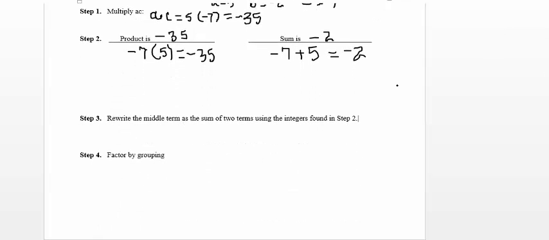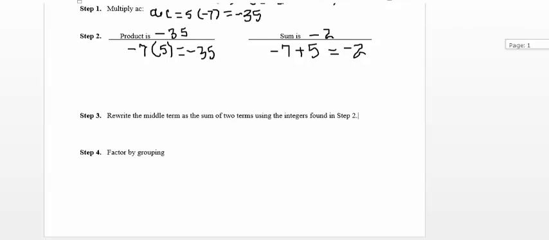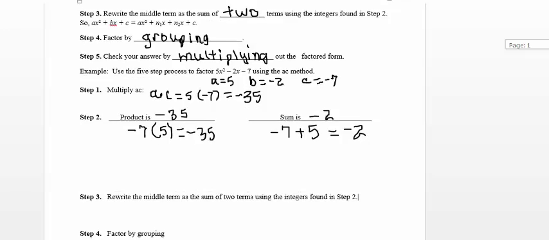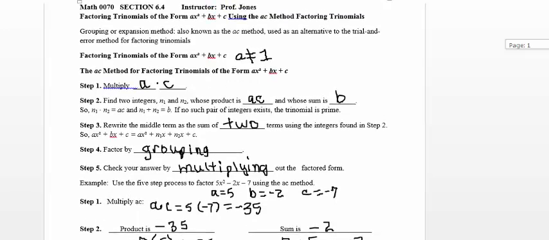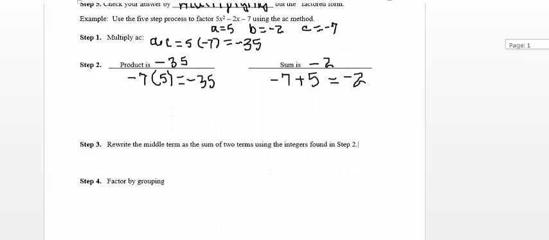So we're going to rewrite our middle term as the sum of two terms, and we're going to use the integers that we just found to do that. So we don't change the first term, but instead of writing the middle term as negative 2x, I'm going to color code this.